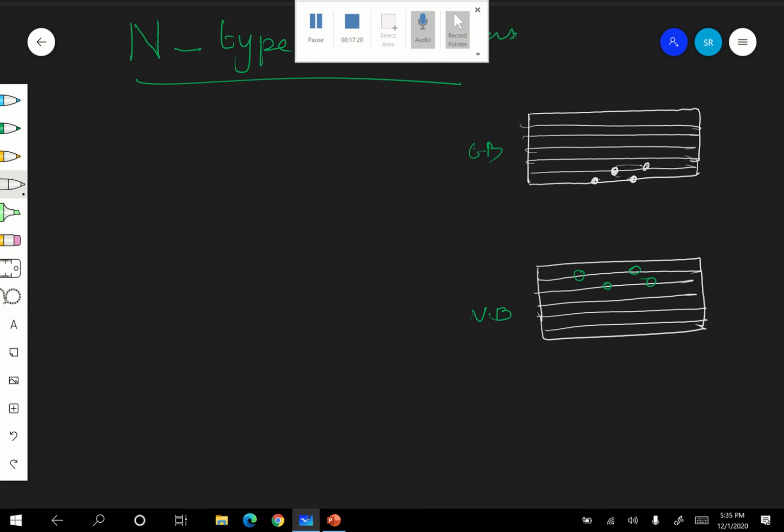But what happens when you add a donor impurity? I have explained with respect to the crystal structure. Now with respect to the energy band diagram, once you add the donor impurity, what happens? Listen very carefully. One extra energy level will be created just below the conduction band.